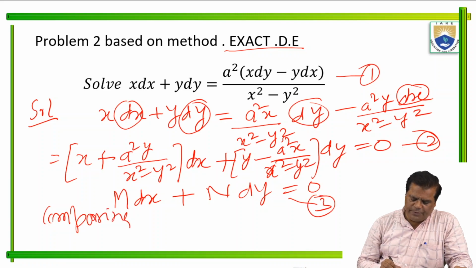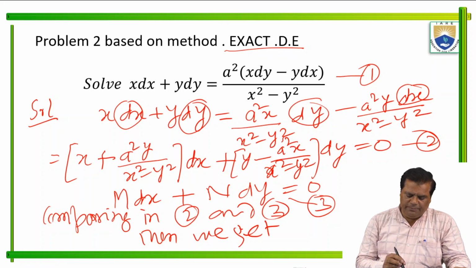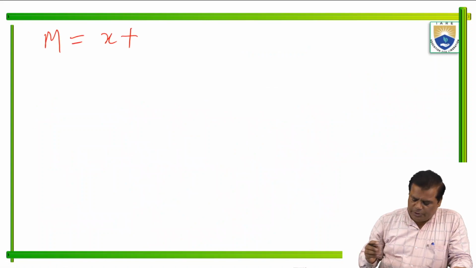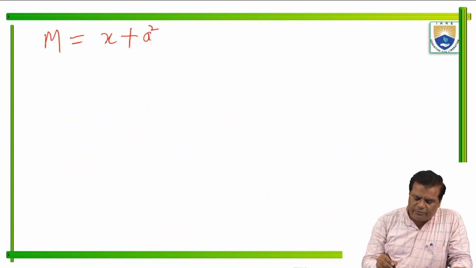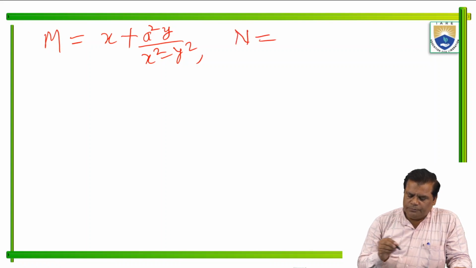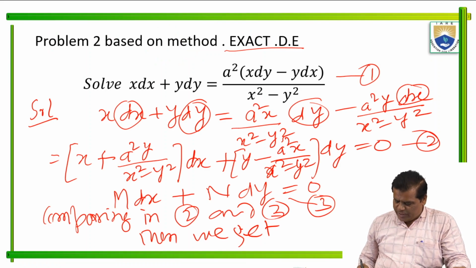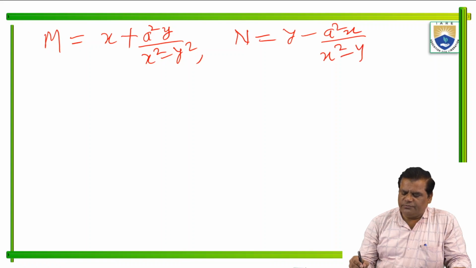Comparing in 1, 2 and 3, then we get M equal to x plus a square y upon x square minus y square, and N equal to y minus a square x upon x square minus y square.